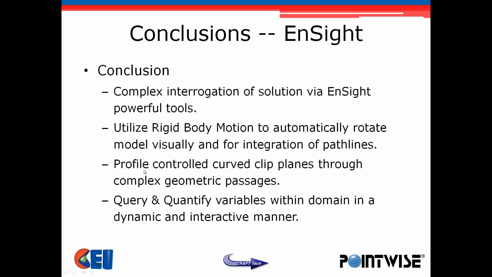We can use a profile to control the curved clip planes. So we can have these dynamic curved clip planes that we can drag and pull through the domain and interrogate on complex geometries. We can also query and quantify the variables as we go and show those in an interactive manner as well, so we can get both visual and quantitative information out dynamically in EnSite through this large complex model.